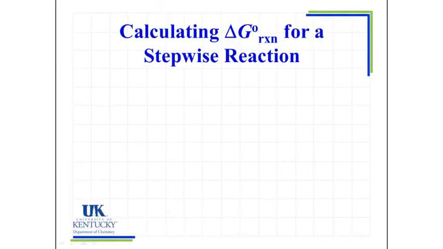So we're going to learn another method for calculating the delta G of a reaction, and that is by utilizing various chemical reactions in which we know the delta G, and we can realize that the delta G of formation for an overall reaction is determined whether you can do it in one step or many steps.